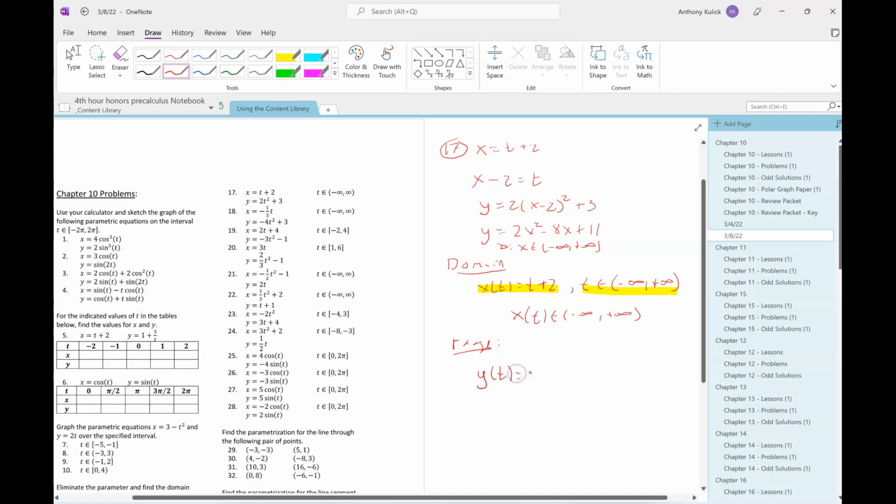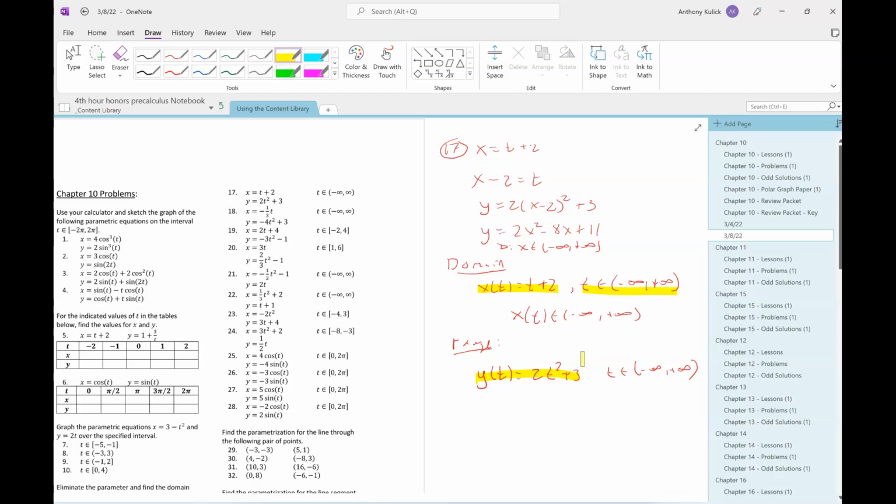So my range then is going to be using this guy. When I look at y of t, what kind of function do I notice this is? Try again. Quadratic.